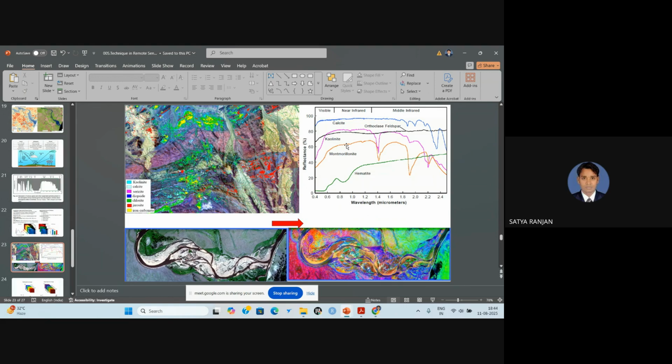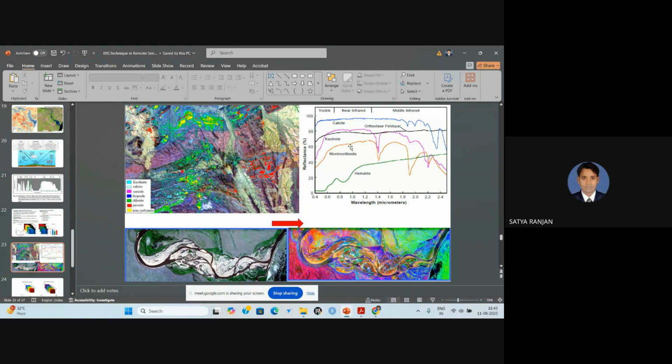So this graph is unique. In all these hyperspectral images, the graph is nearly equal. So we synchronize this data with the field spectroradiometer. Then we estimate the presence of different minerals or other features.